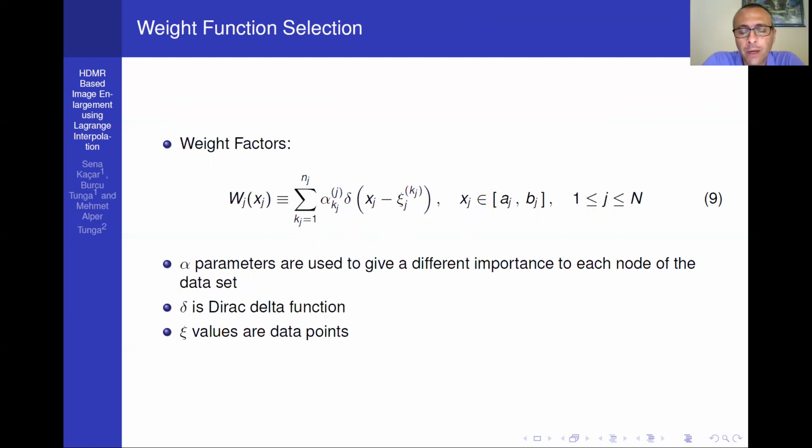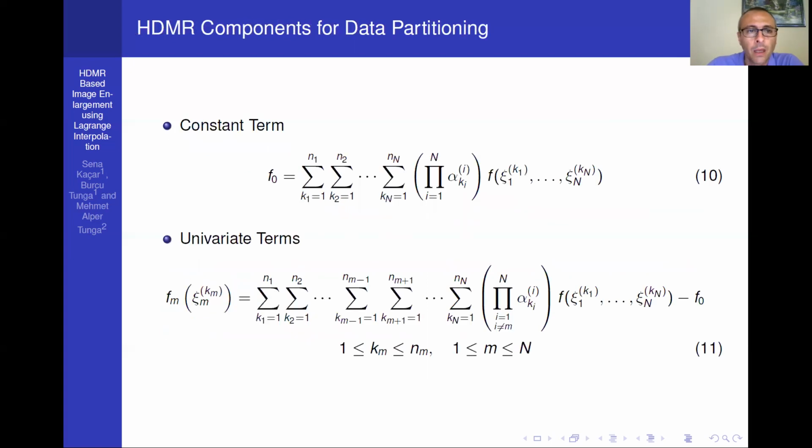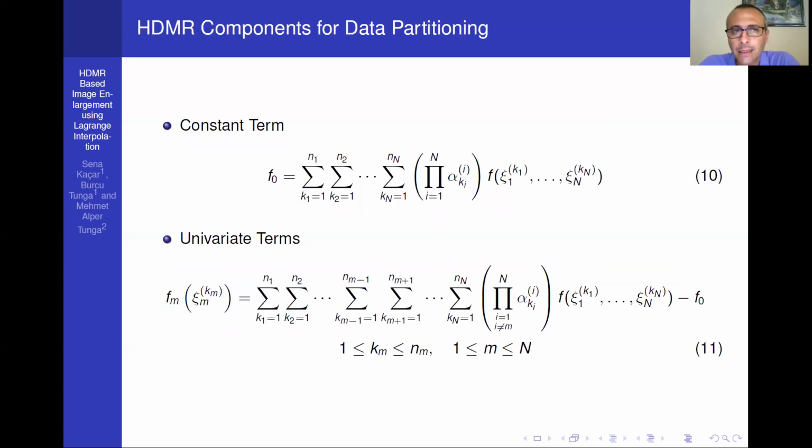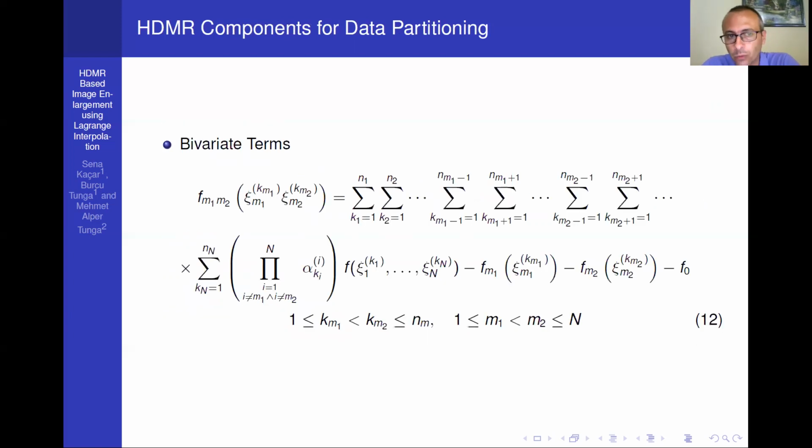Here the alpha parameters are used to give a different importance to each node of the data set, and psi values are the data points of the considered problem. When we use this Dirac delta type weight, we can rewrite the HDMR components for data partitioning as they are given in 10, 11, and 12.